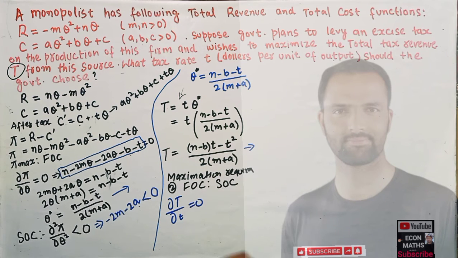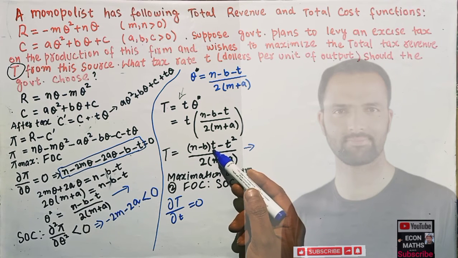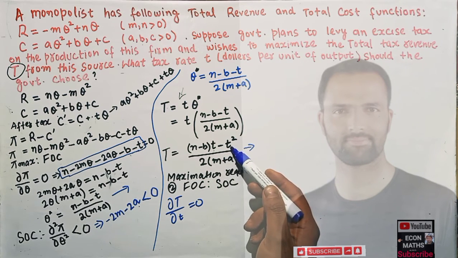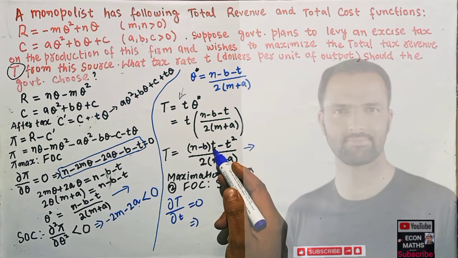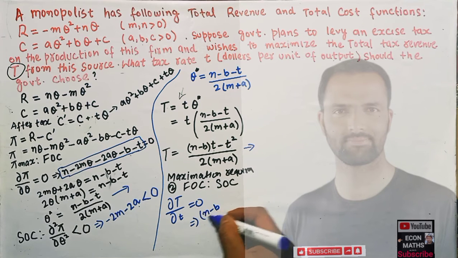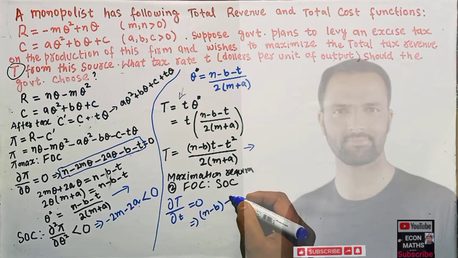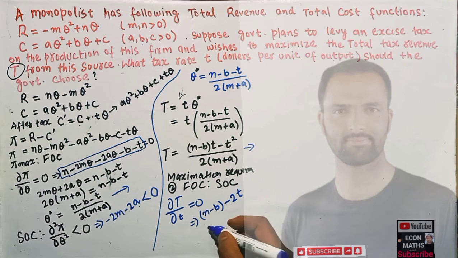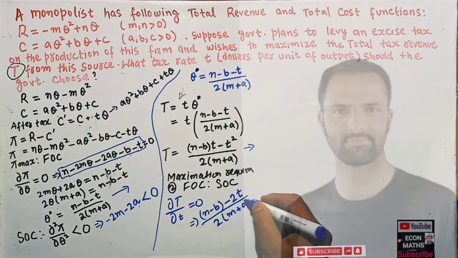So let's take the derivative again. The derivative of t is 1, the derivative of t square is 2t, so we are left with n minus b only, minus the derivative of t square, which is 2t, upon 2m plus a, simple differentiation.